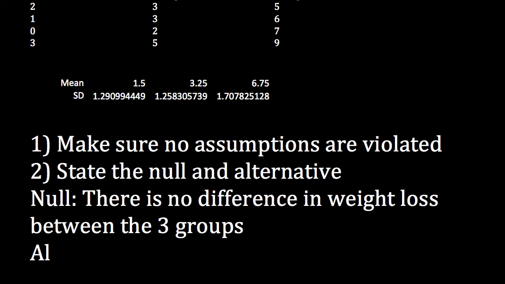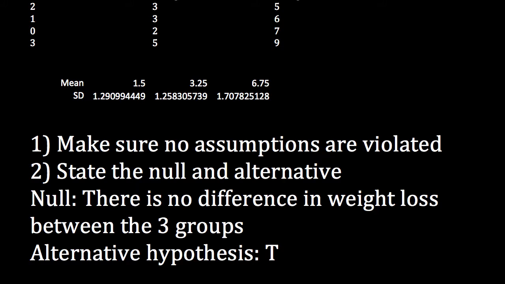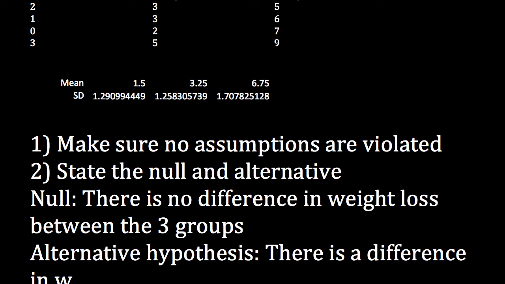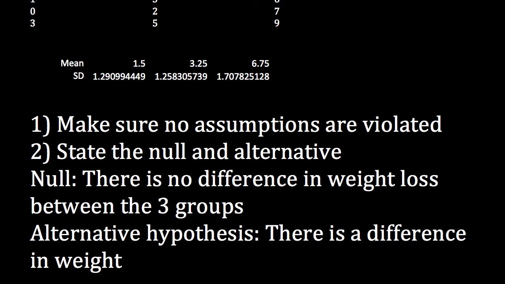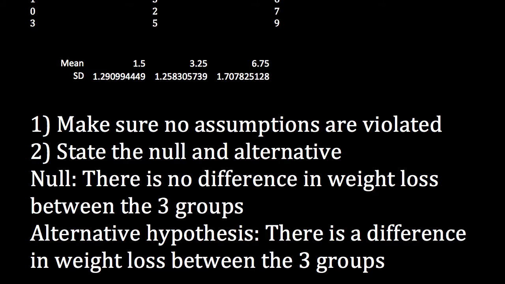And the alternative hypothesis is there is a difference in weight loss between the 3 groups. Now remember, we don't know necessarily between which groups specifically the weight loss is occurring. We just know that somewhere there's a difference.